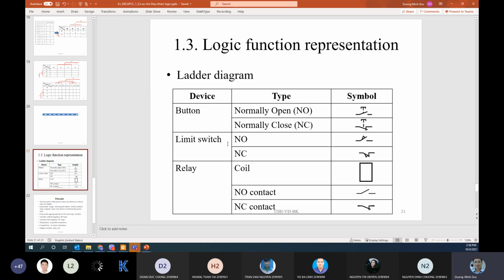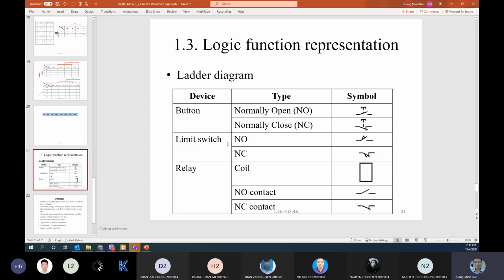Then we know that some mechanism has already touched the limit switch, and we know the position. So the limit switch is one kind of position sensor, and it also has two types: normally open, which we write NO, and normally closed, which we write NC.